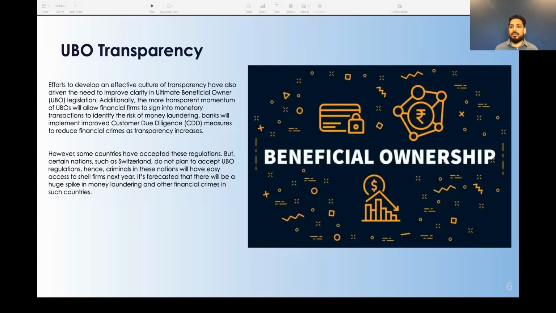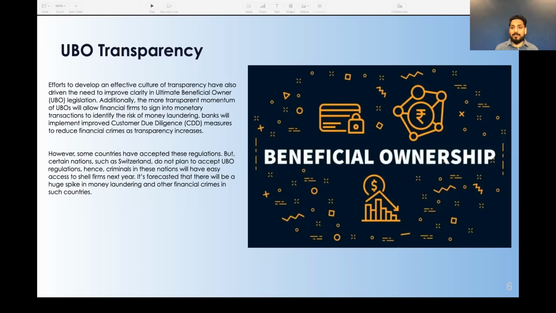In the Netherlands, the UBO register will start, I believe, the first week of April. And what that means is that every company that is registered with the Chamber of Commerce has to provide who the ultimate beneficial owner is in the documents.